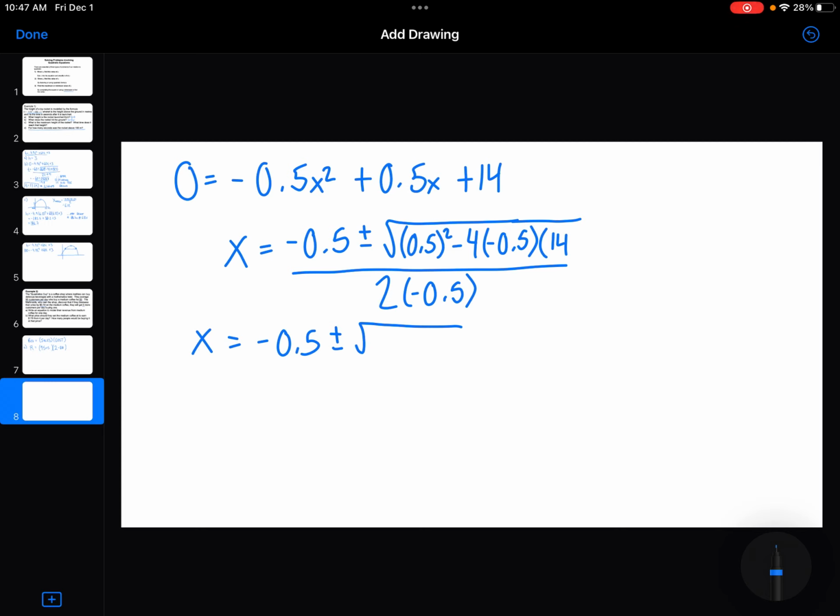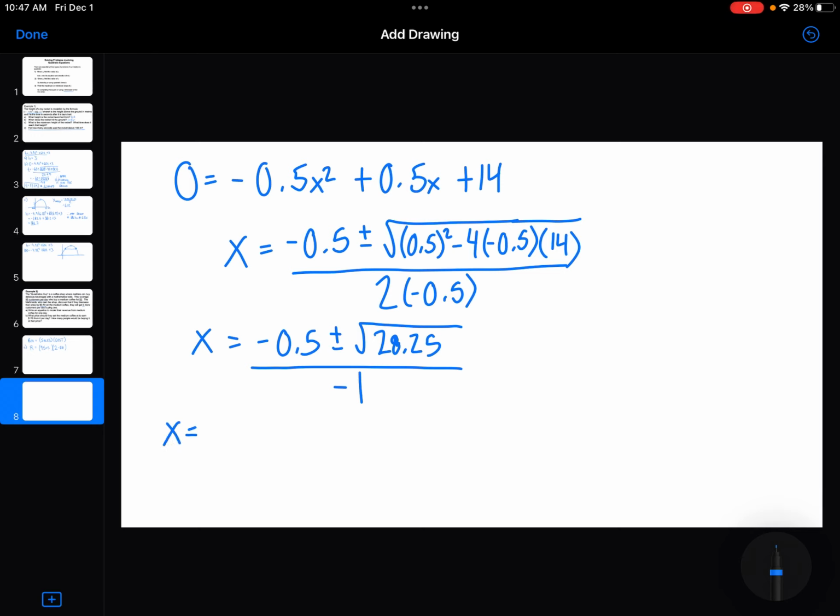So 0.5 squared is 0.25. And now again, the double negative is where people mess up. We've got 4 times negative 0.5 would be positive 2 now because we had 2 negatives. Then we're timesing it by 14. And then we're adding that 0.25. So we've got 28.25 under the brackets. All divided by negative 1. So all that's going to do is change the sign at the end.